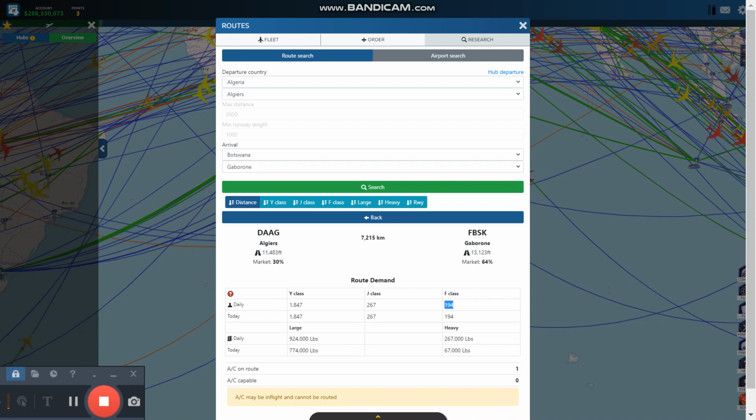That means that looking at the demand for the hub is not going to help you, because the route can have a higher demand than the hub. The route can have a higher demand than the airport you're routing to. And the route can have a lower demand than the originating hub and the destination hub. So the information for the demands for the hubs is pretty much worthless. Maybe there's a use for it, I don't know.